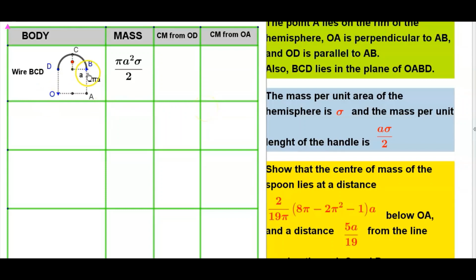What is this length? Pi a, since a full circle is 2 pi a.